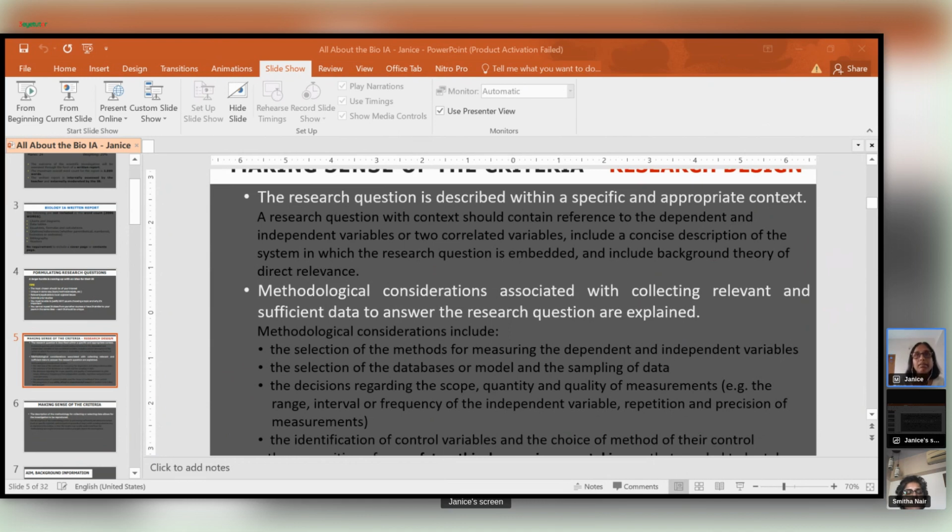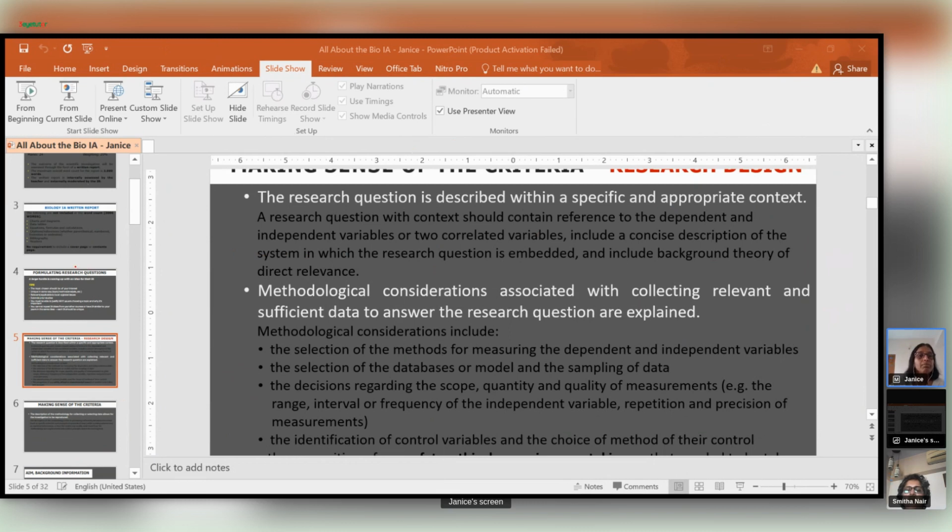The reason is that you will be using the background information when you are doing the analysis part. So for this first aspect, you have to have the dependent and the independent variable. Besides that, the background information should be there.